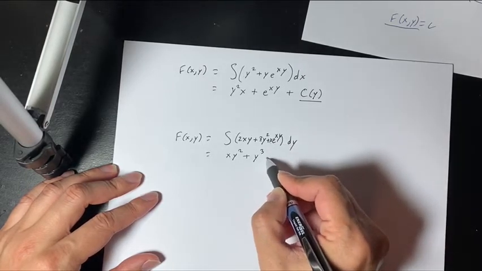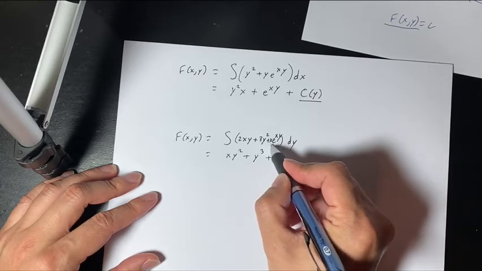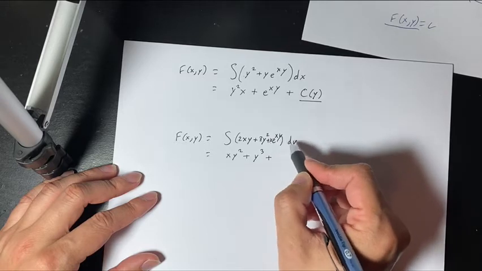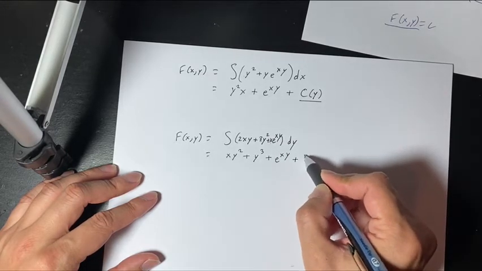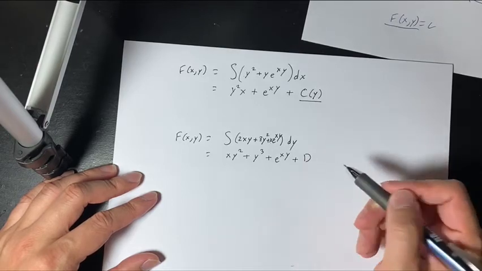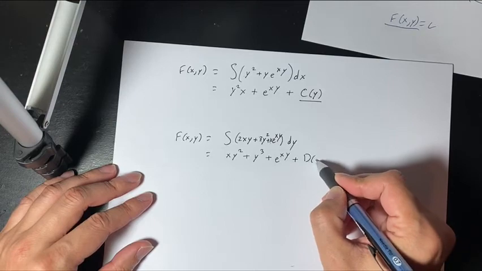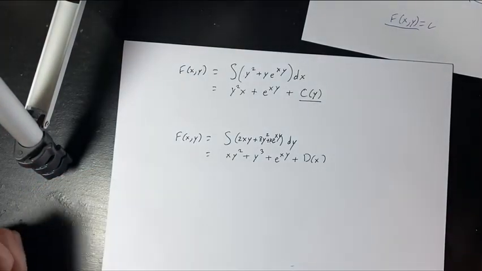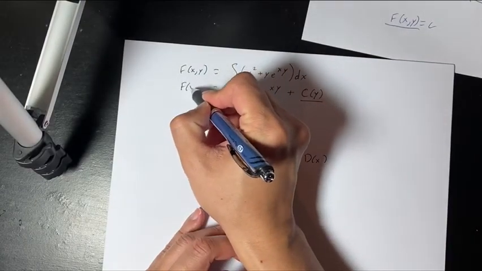And this is really a chain rule that happened, so when I take the antiderivative with respect to y, you get just e to the xy. And then here you get a constant relative to y, so this constant can actually be a function in terms of x. Okay, so this is really your solution here, the f of xy.